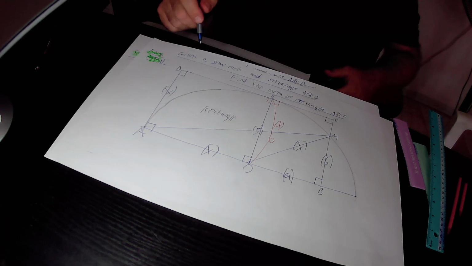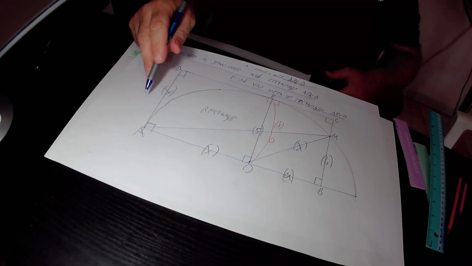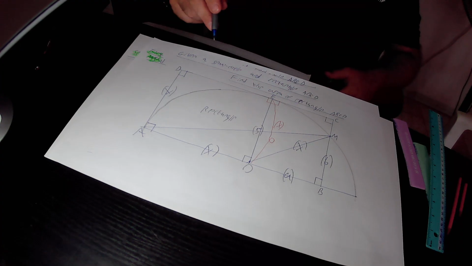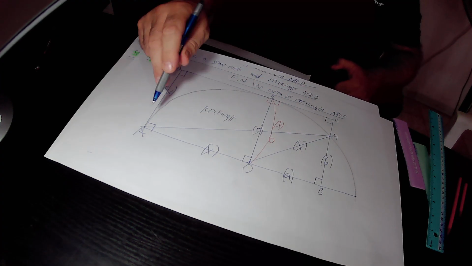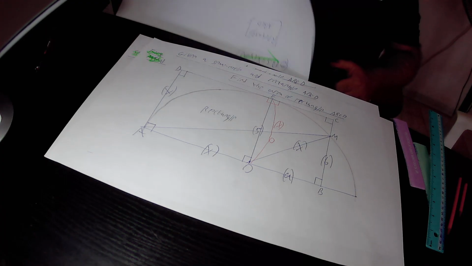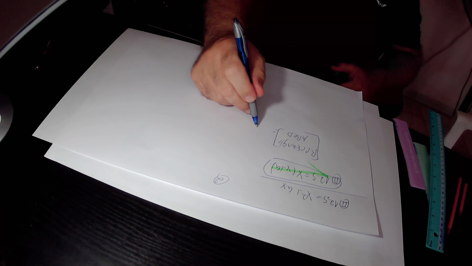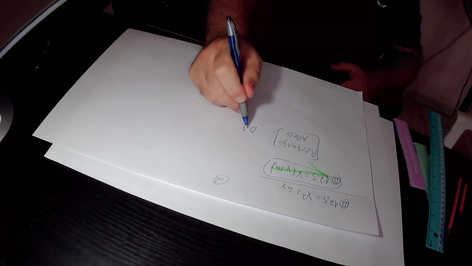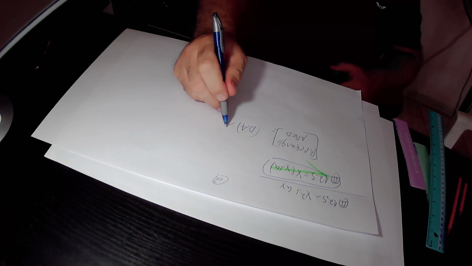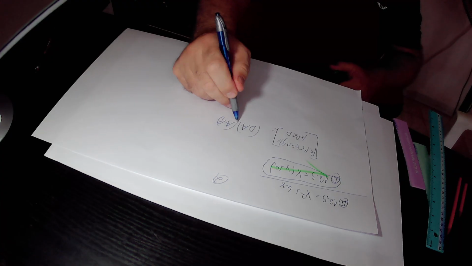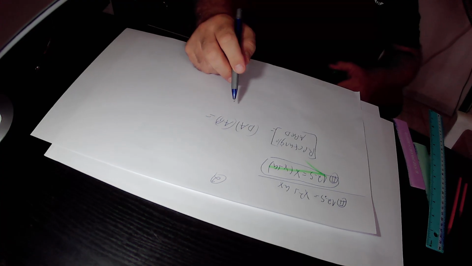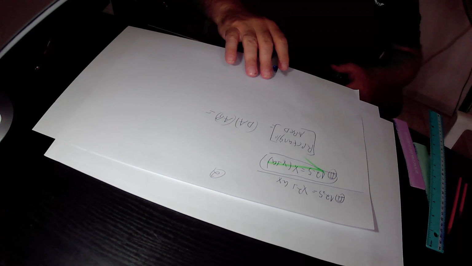The width is DA, the length is AB, and therefore the area of rectangle ABCD must be equal to DA times AB.